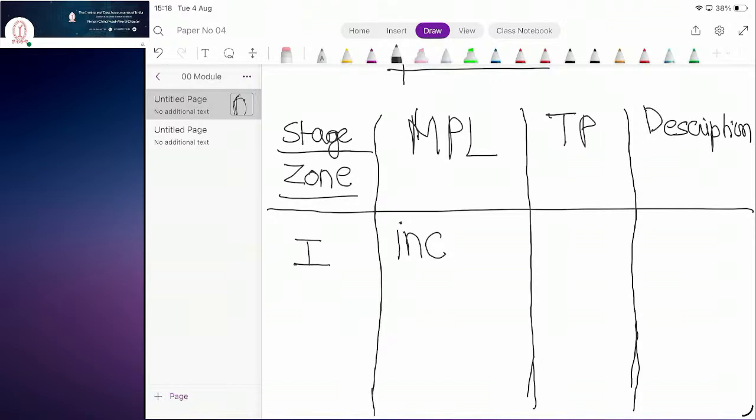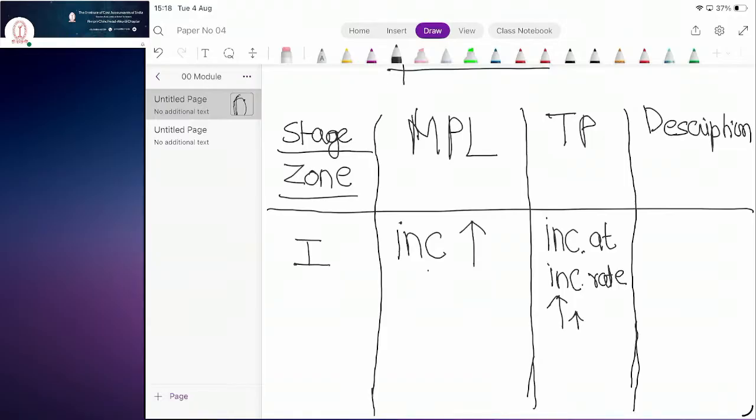So this is a much easier way to recall and it will remain in your memory, or even more graphical, you could just remember with the arrow, like MPL is increasing and total product is increasing at an increasing rate. Okay, that is what we wrote in stage 1, and you can think of this as increasing at an increasing rate.